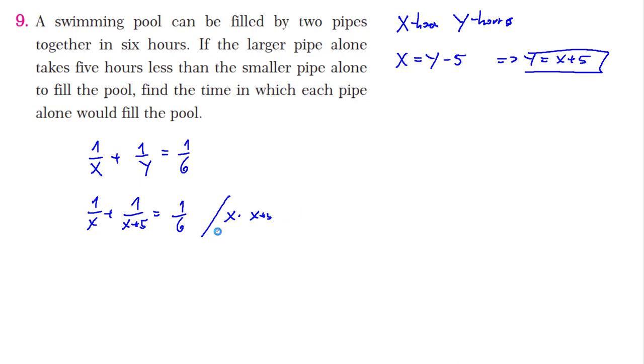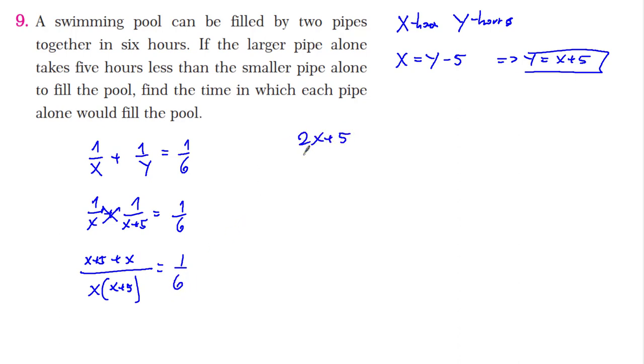Or in another way, you can first add the left side. Let's see here. We have a common denominator x times x plus 5. Here the numerator is x plus 5 plus x. On the right side is just 1 over 6. So we get 2x plus 5 over x times x plus 5.